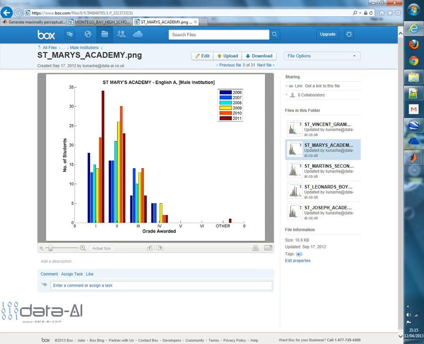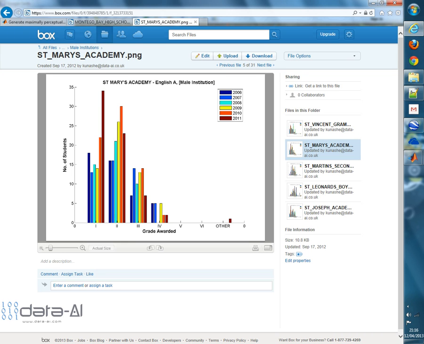And in this tab, this is for a boys' school. Again, I think this is in Trinidad. And you see there's a wider spread in the grade distribution. So again, number of students on the vertical axis, and the grade type, with the lowest grade increasing towards the right.